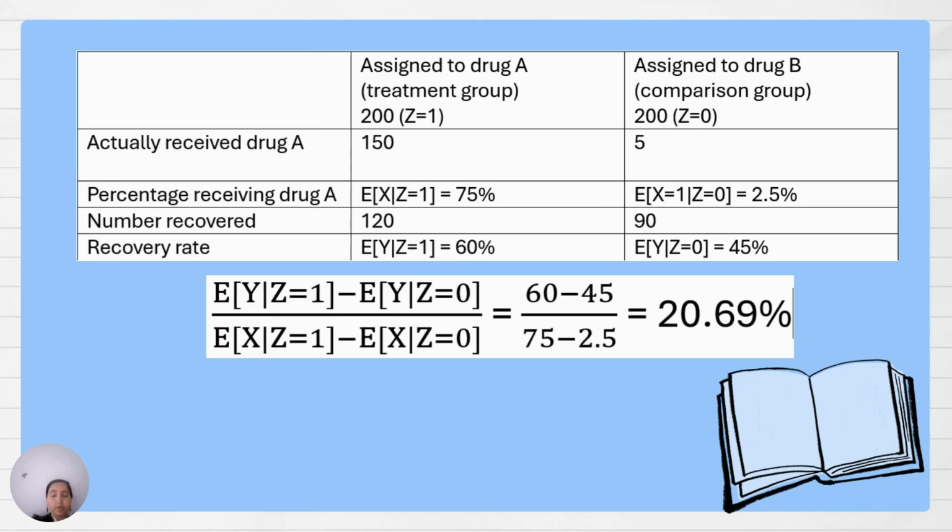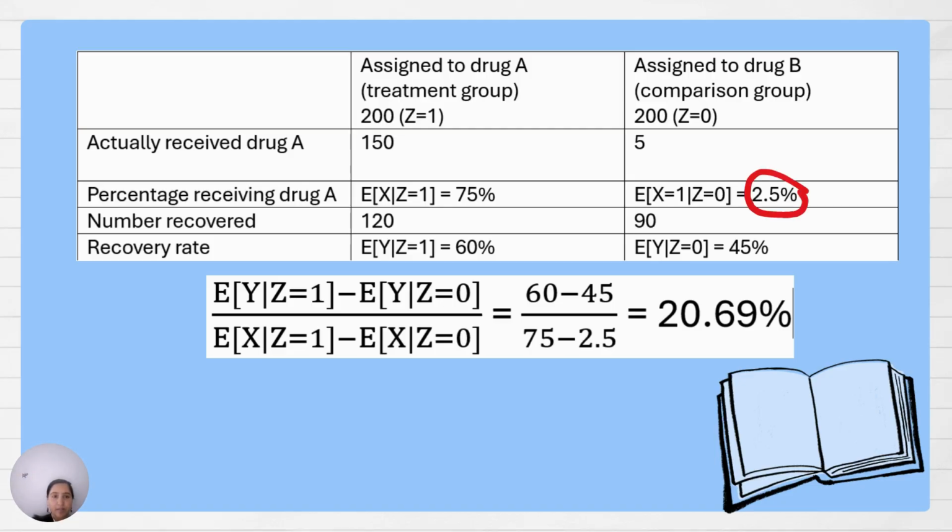There were 400 enrolled participants. 200 were assigned to receive drug A, and 200 were assigned to receive drug B. Out of these 200, let's suppose 150 actually received drug A. And in the comparison arm, 5 participants received drug A. Therefore, the percentage receiving drug A would be 150 divided by 200, 75% for the treatment arm, and 5 divided by 200, 2.5% for the comparison arm.